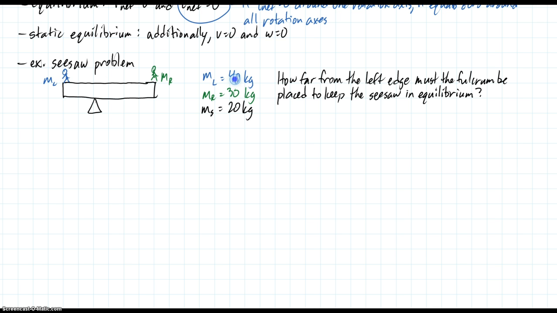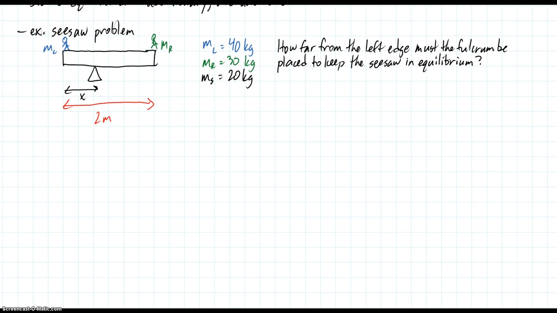And if we say that the length of the seesaw is 2 meters, we're looking to find this distance x from the left edge to the location of the fulcrum. So if we draw a free body diagram for the seesaw, we have a total of 4 forces.